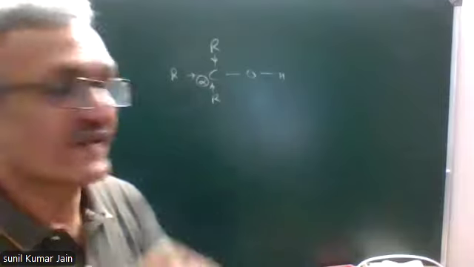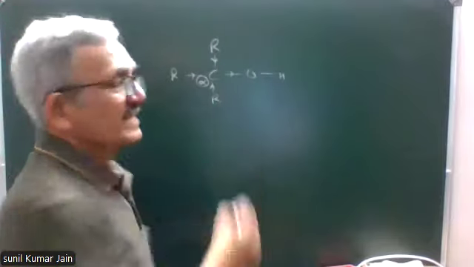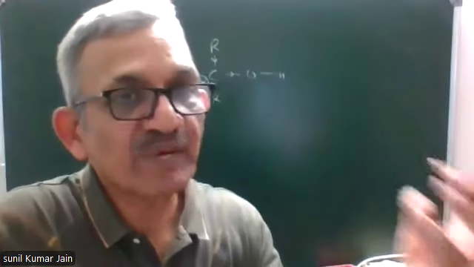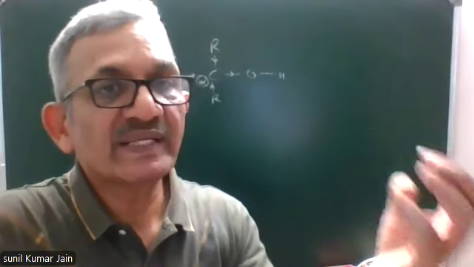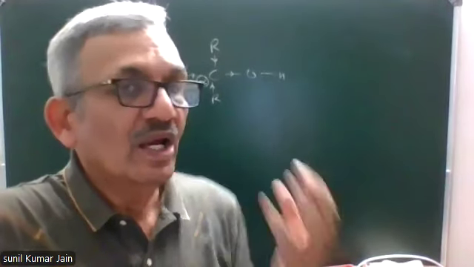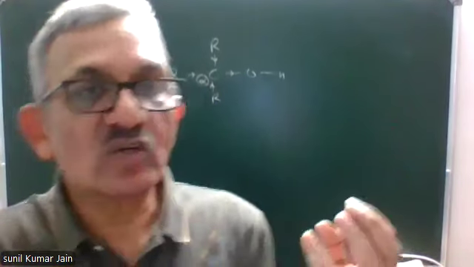Due to plus I effect, this electron density will be further passed on to the oxygen atom, that is, plus I effect will increase electron density at the oxygen atom. When electron density at the oxygen atom increases, polarity of the OH bond decreases.